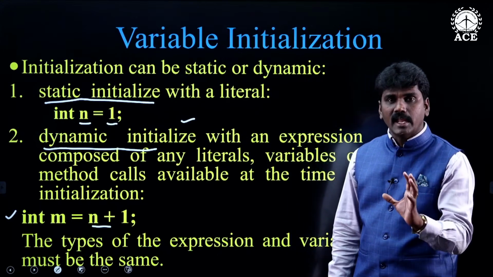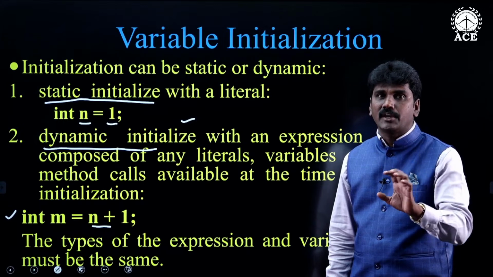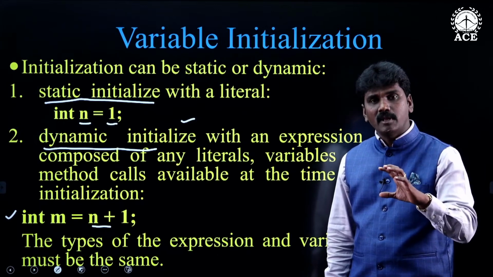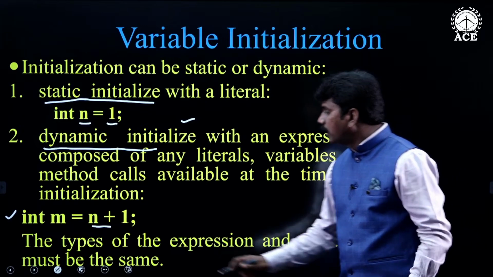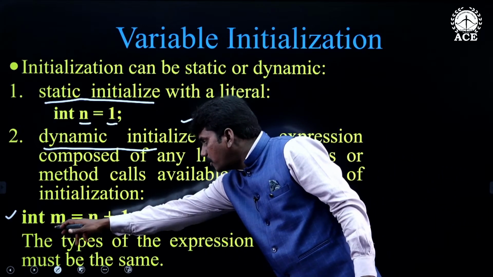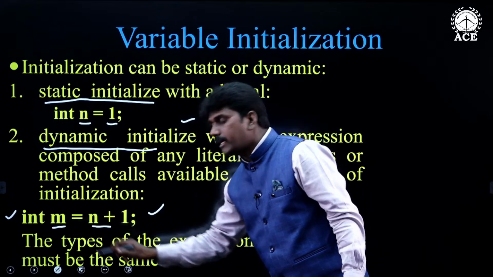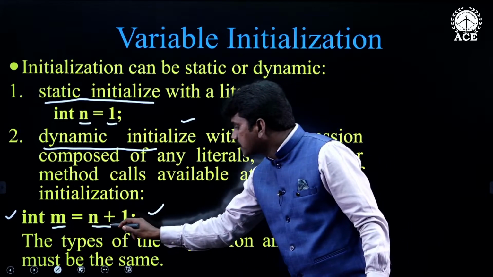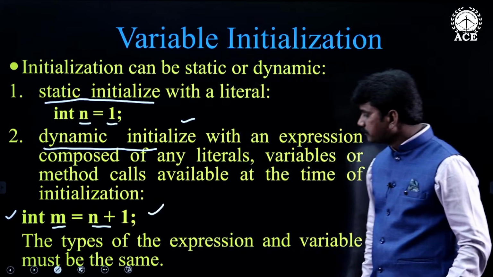That expression may be a combination of different variables, and the variable value may be assigned at some other place. So if this statement is available, what is the value of the variable m? We don't know, because it contains n also. It depends on n.